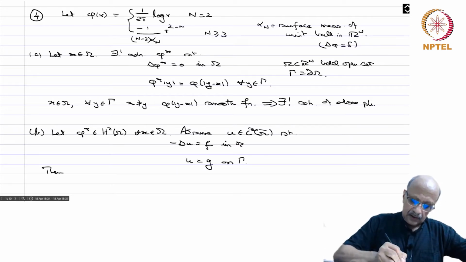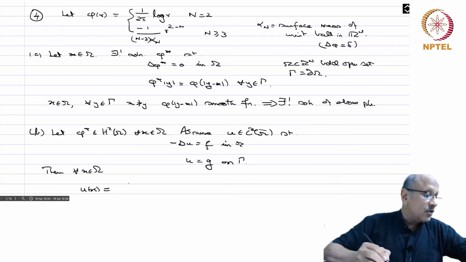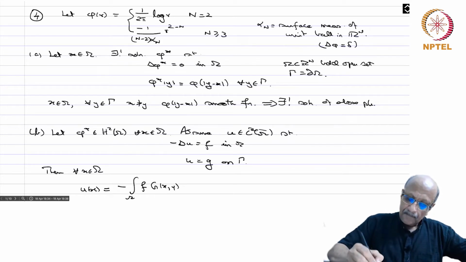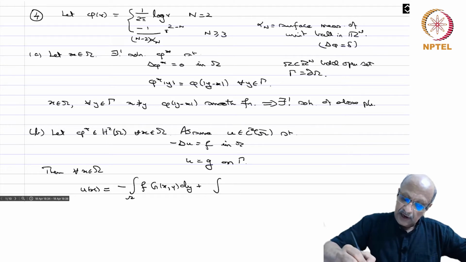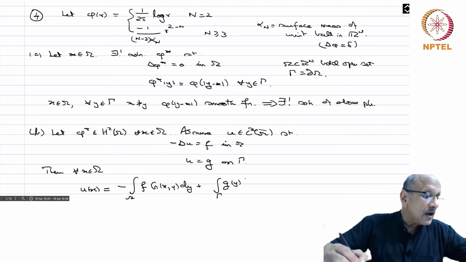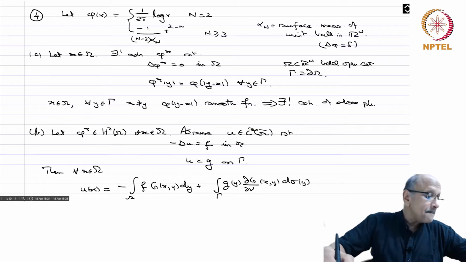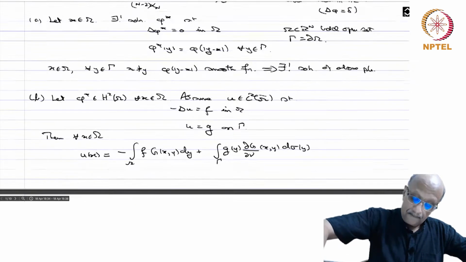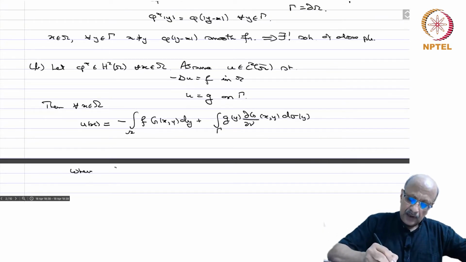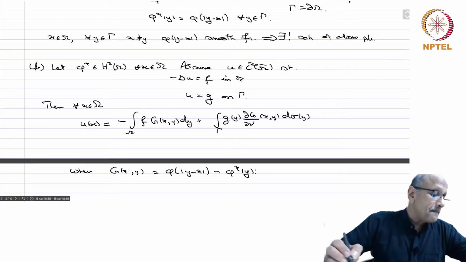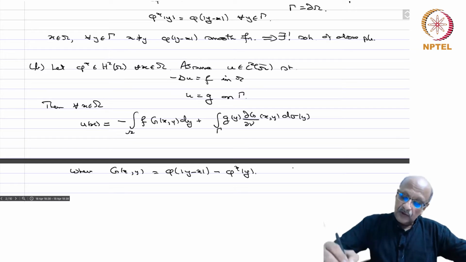Then for every x in omega we have the representation formula: u of x equals minus integral on omega of f times G of x y dy plus integral on gamma of g of y times dG by d nu of x y d sigma y, where G of x y equals phi of mod y minus x minus phi x of y. Okay, so this is called the Green's function.